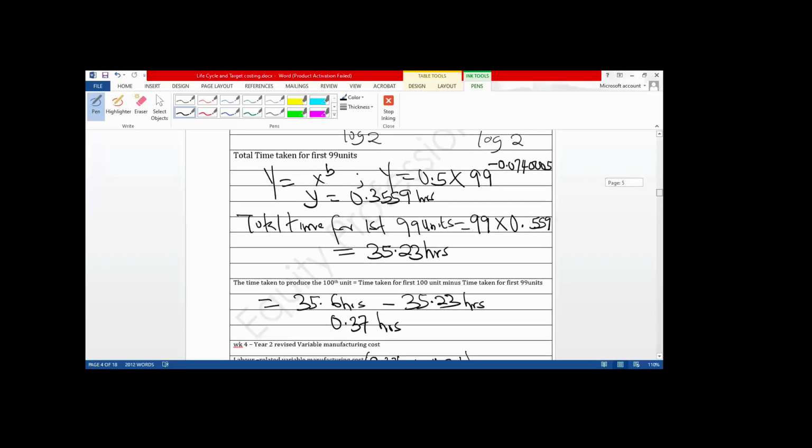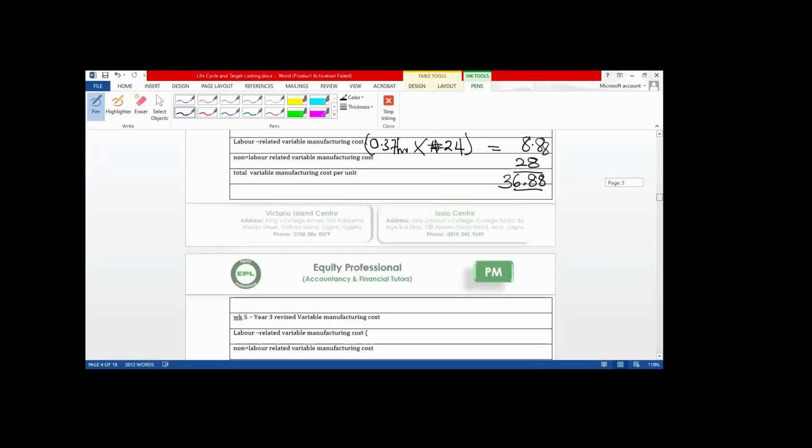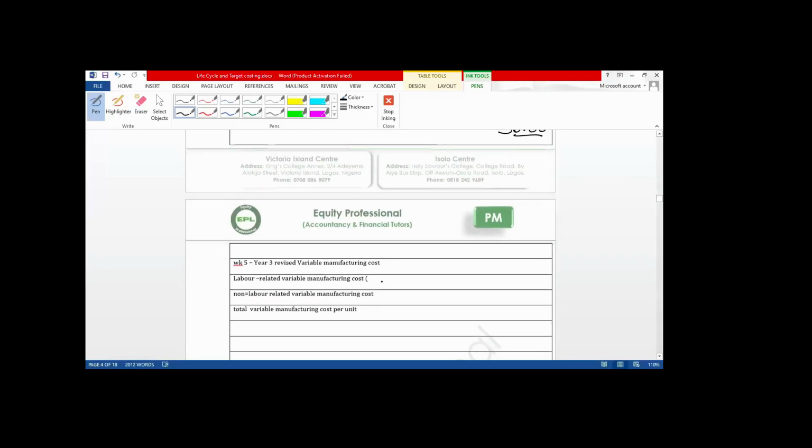I'll come here: 0.37 hour at the rate of 26 naira per labor hour. Please multiply. 9.62.